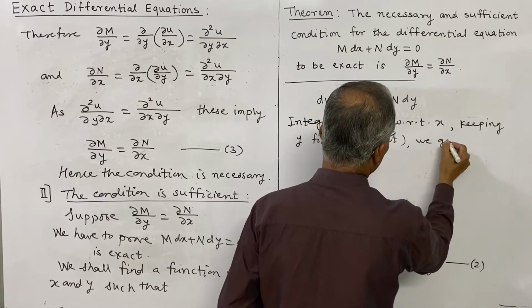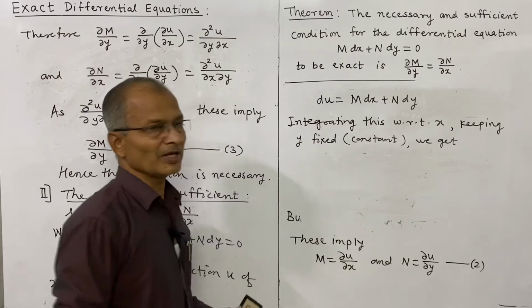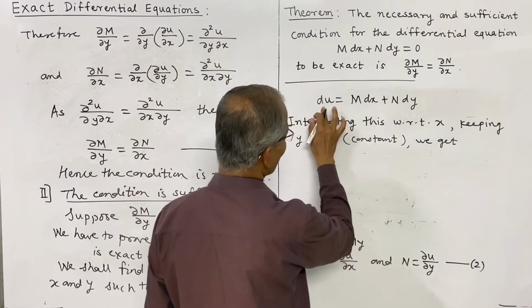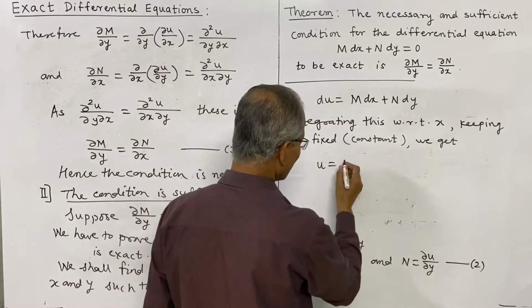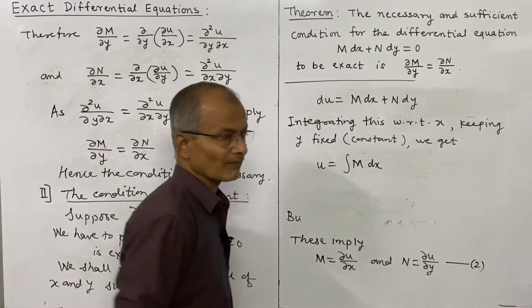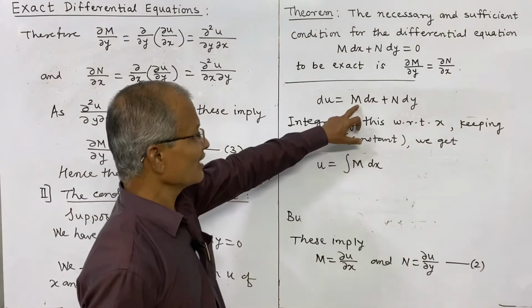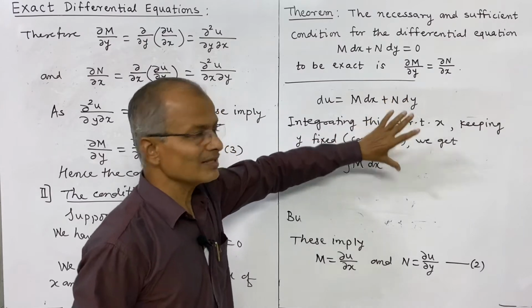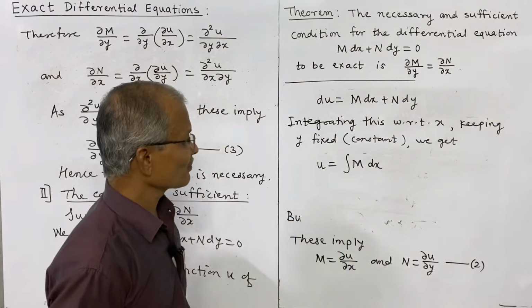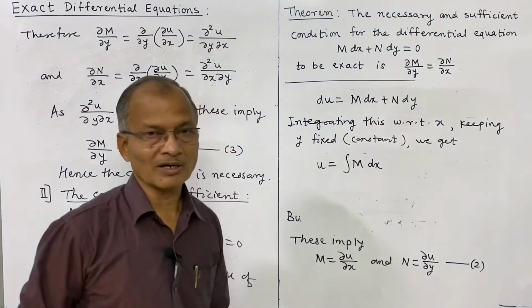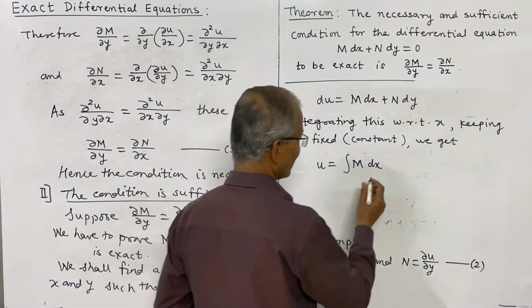We get, so the integration of du is u. I shall write u on the left side, and on the right the integral of m dx. Here we are integrating with respect to x only, and y is considered fixed, and therefore the remaining terms will not contain x.